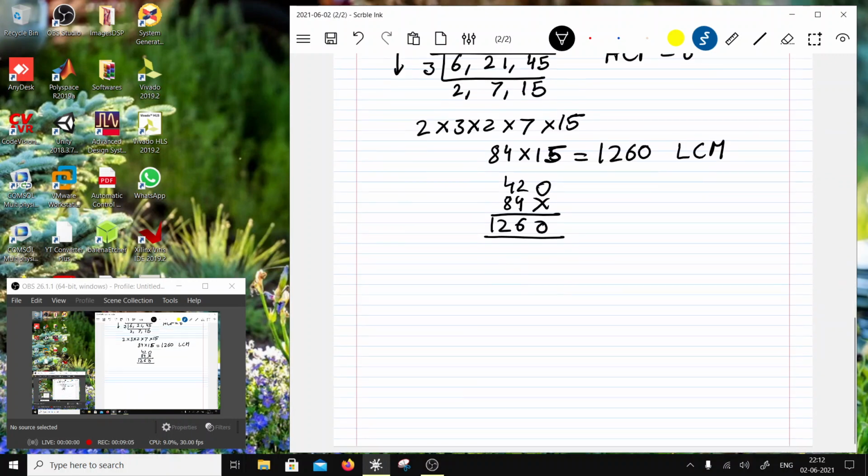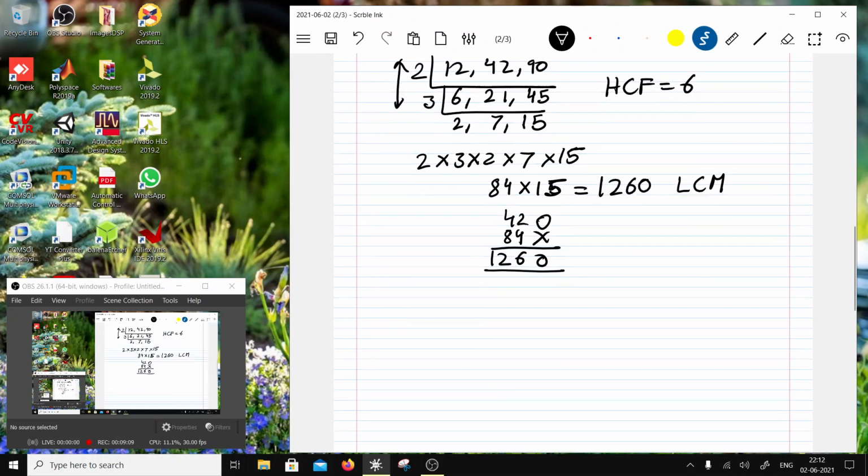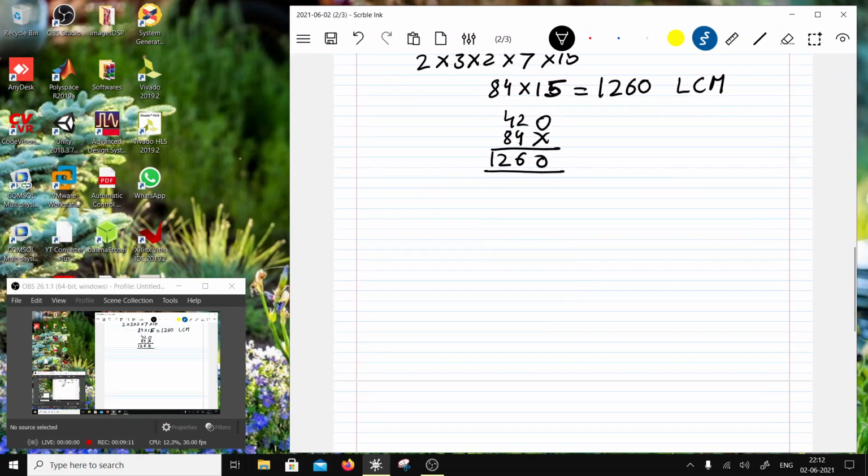Now why did I cover HCF and LCM? Let's say if I want to add two numbers, so 2 by 3 plus 4 by 7. Now the LCM of the denominators, in this case 3 and 7, is going to be 21, right?